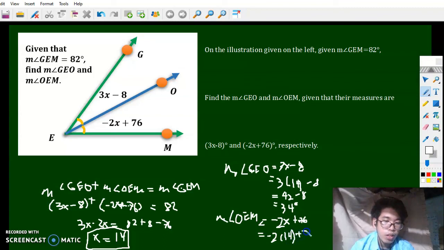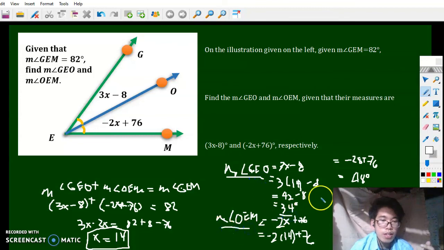What's negative 2 times 14? That's simply negative 28. Negative 28 plus 76, you get 48 degrees. So the measurement of angle GEO is 34 degrees and the measurement of angle OEM is 48 degrees.